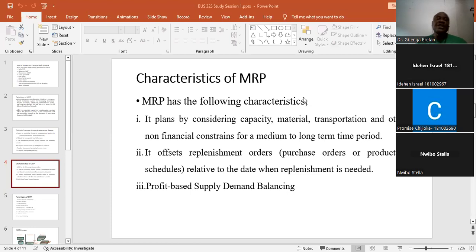Number 2, it helps offset replenishment order. It helps offset replenishment order, purchase order, or production schedule relative to the date when replenishment is needed. What are we talking about? If you operate an efficient material requirement planning, you are operating a computer-based system where the movement of your goods is built into the computer.